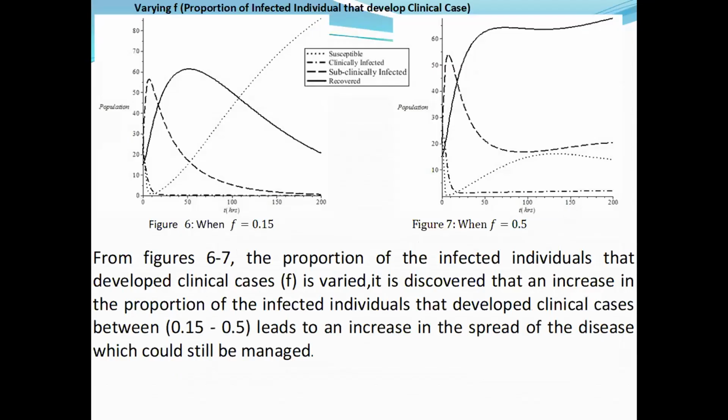Also, when we vary the proportion of clinically infected individuals, the disease can still be managed because our R0 at this level is still less than 1. But when we go further, from 0.6 up to 0.9, our R0 becomes greater than 1.